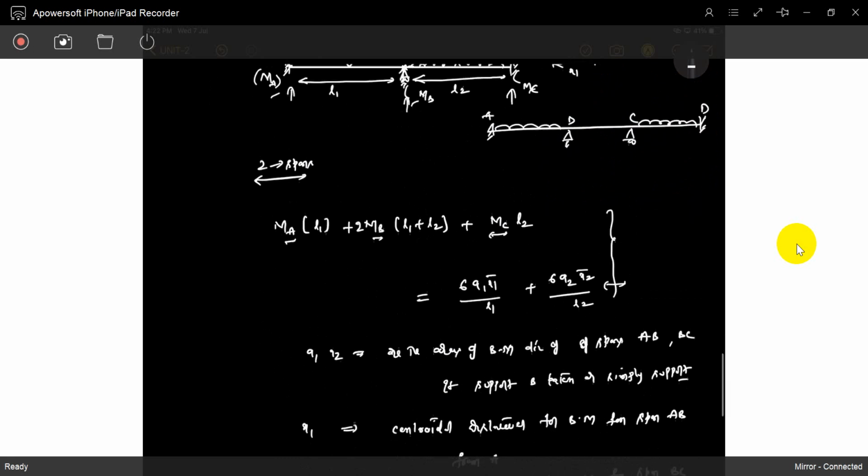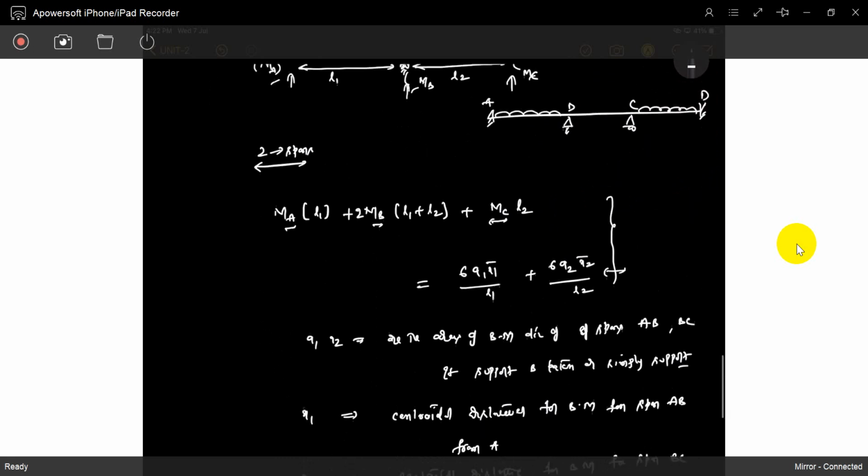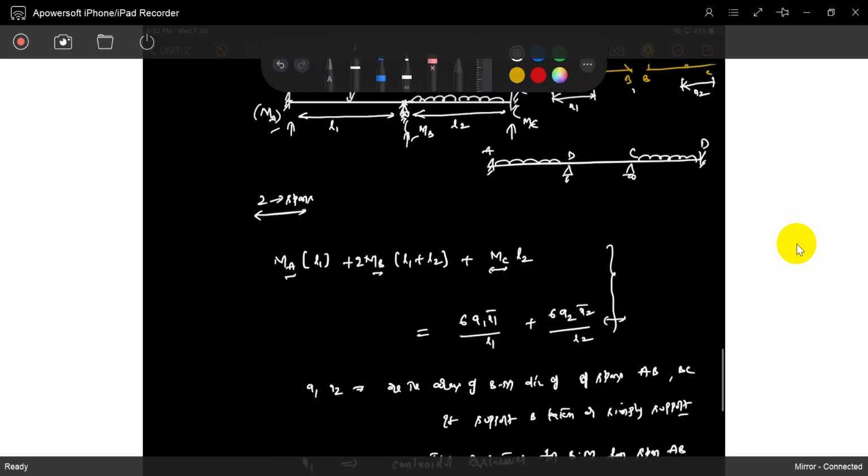Also, some of the textbooks write it down like this, with a plus equal to 0. They write it like this, I have chosen like this.